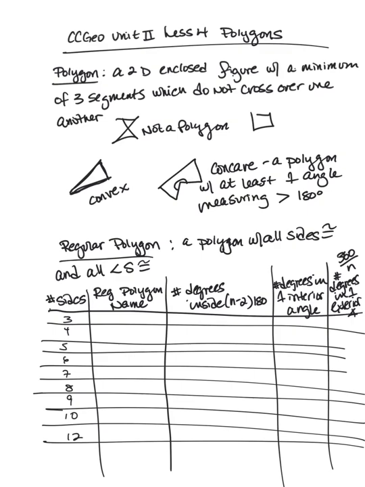So, of course, the regular polygon name for a three-sided is called an equilateral triangle. Four-sided regular polygon is called a square. Five-sided is called a regular pentagon. Six-sided regular polygon is called a regular hexagon. Seven-sided is a regular heptagon or septagon.